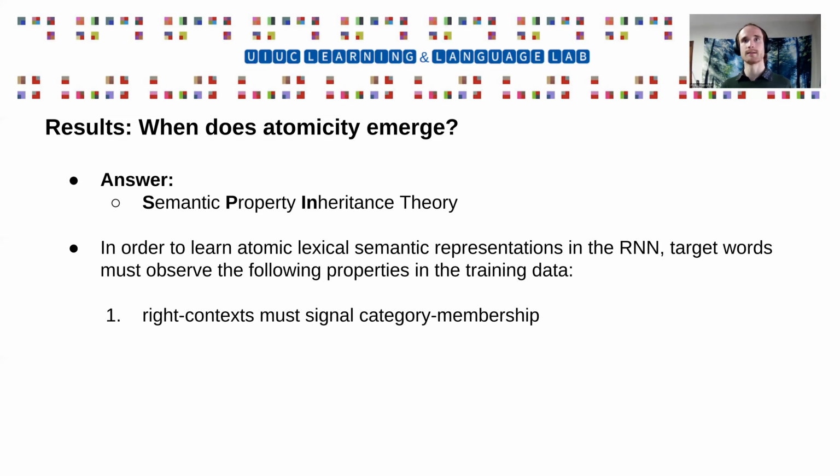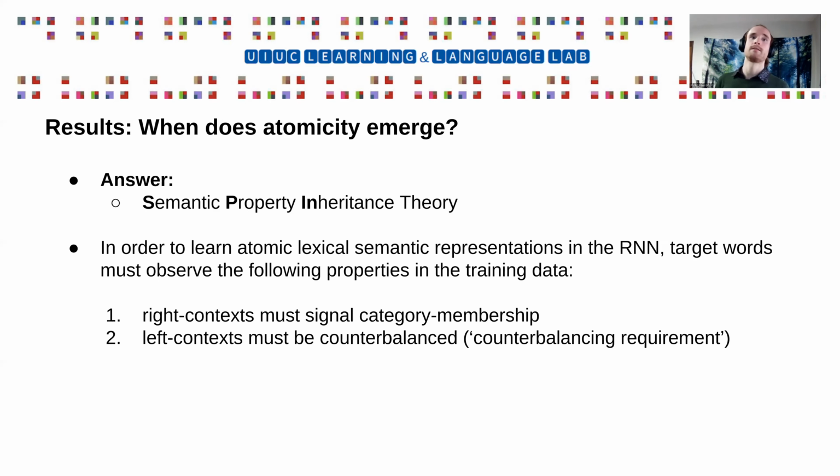First, and not surprisingly, the target words in the training data must be succeeded by, or followed by, words that are informative about their semantic category membership. Unsurprising, because that just says that there must be some grounds for grouping semantically similar words into the same cluster.